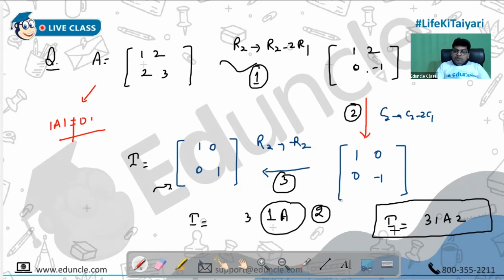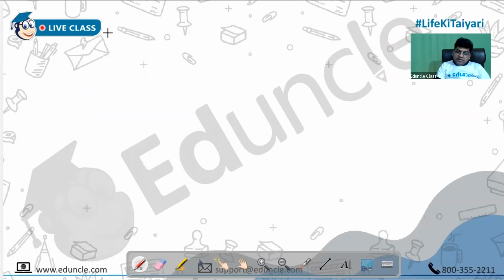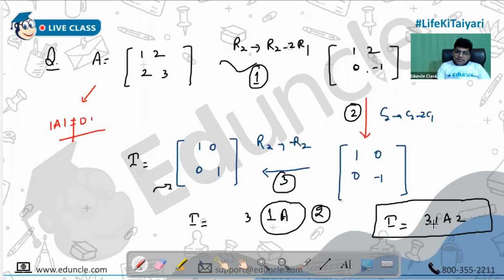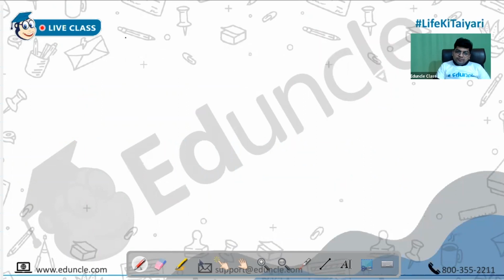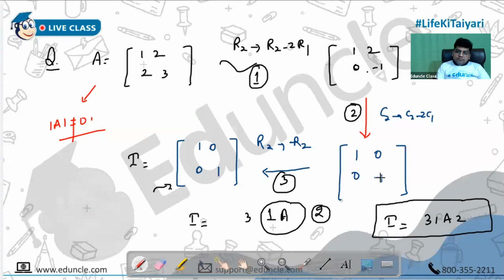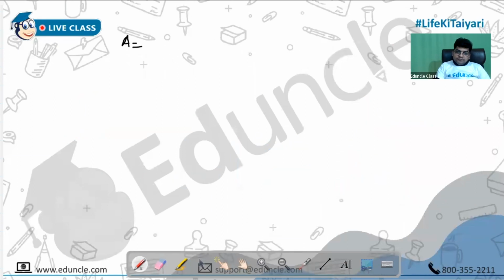So basically A equals E1 inverse, E3 inverse, identity, E2 inverse. Yes or no?